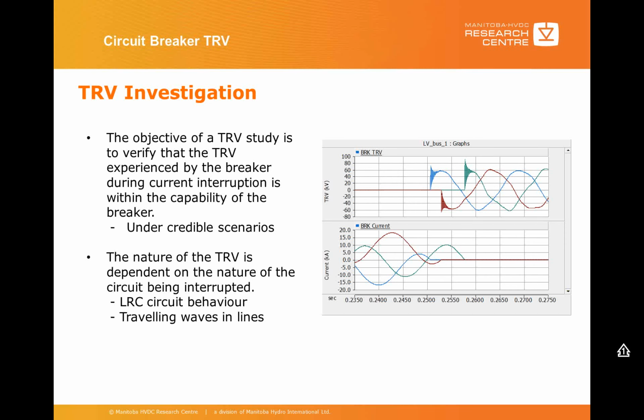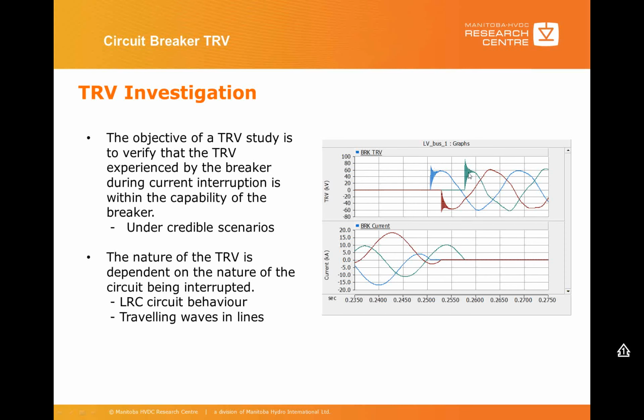The nature of the TRV is dependent on the nature of the circuit being interrupted. Normally, we know that these oscillatory voltages result from the AC oscillations in the circuit, or from traveling waves caused by a transmission line close to the breaker. So this is a typical waveform.